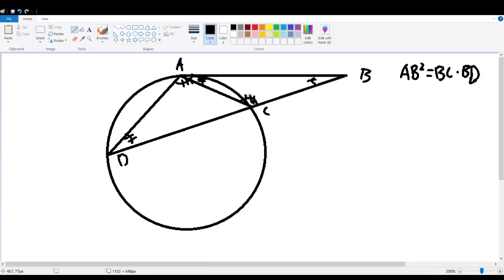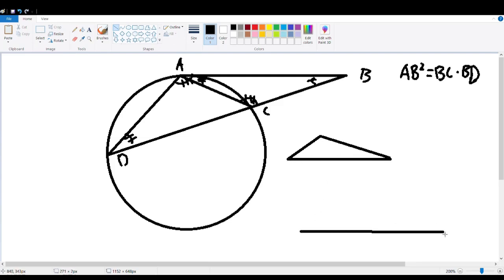So since we know that the small ABC is similar to ADB, we can draw a real triangle, not a bad triangle like I did last time. Like this, and then another one like this, and then we will label this A, B, C, and D, B, A.